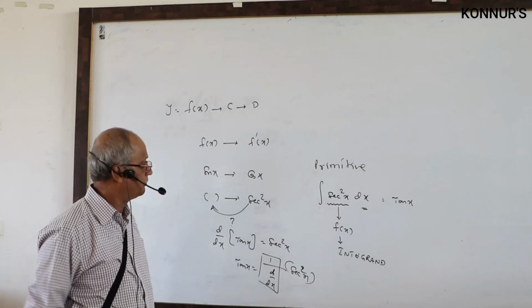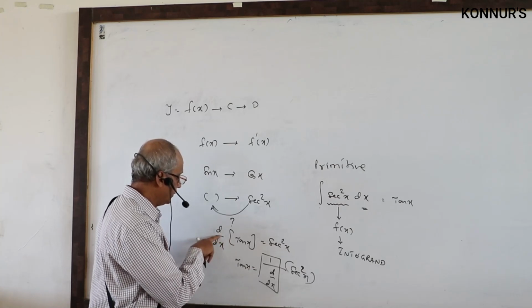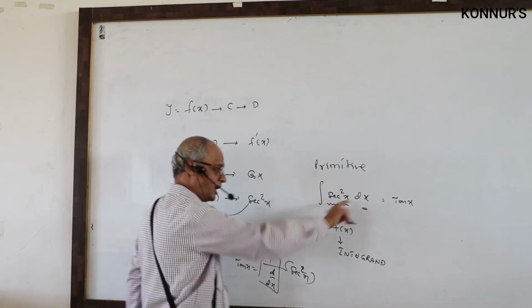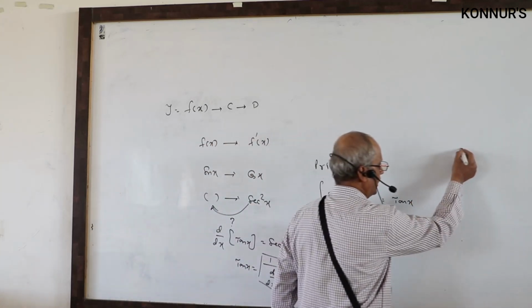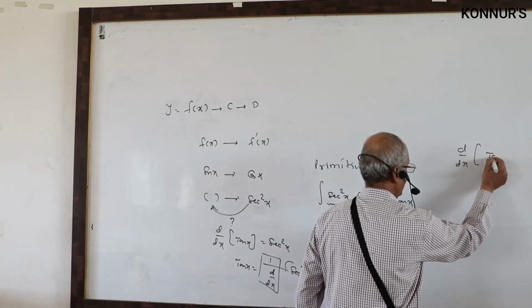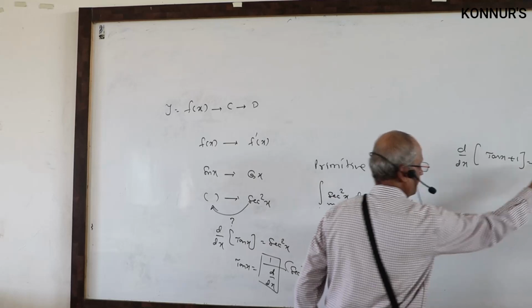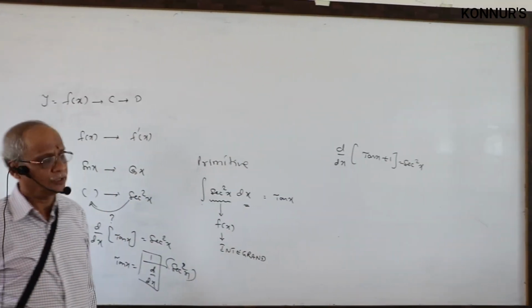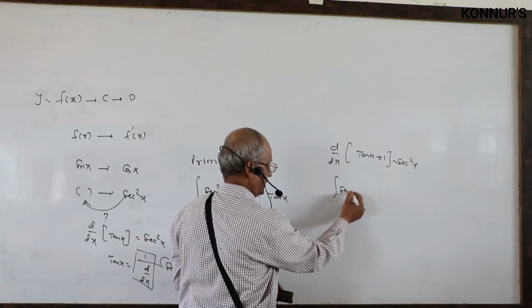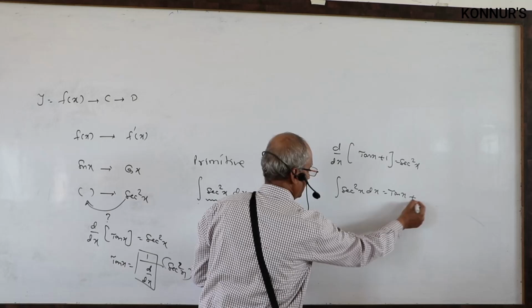But here one problem is there. If you use the definition, d by dx of tan x is secant square x, hence the integral of secant square is tan x. But some people will say that even the derivative of tan x plus 1 is also secant square x. Then in this case, the integral of secant square x dx must be tan x plus 1.